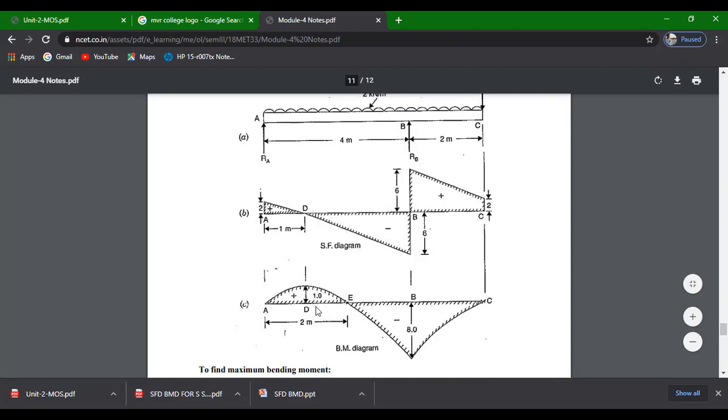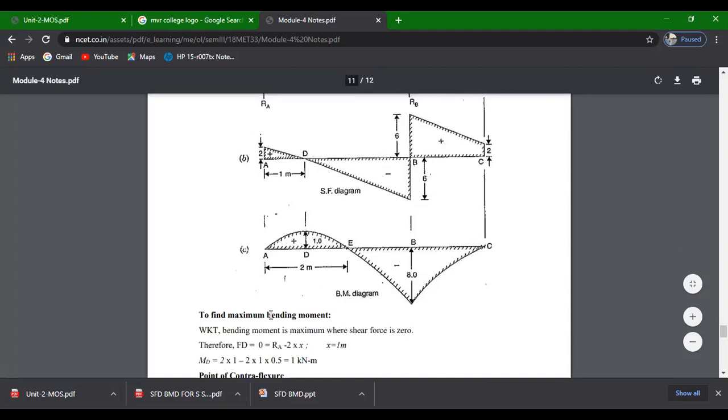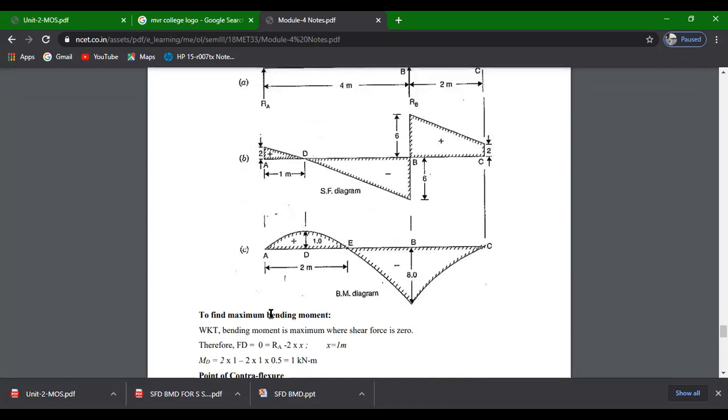In case of BMD, irrespective of the point loads, you need to consider only the UDL.